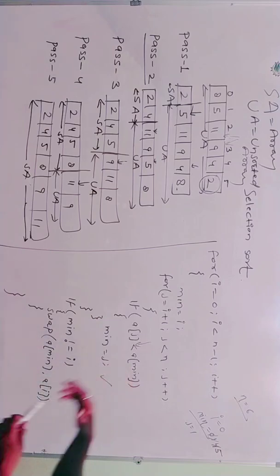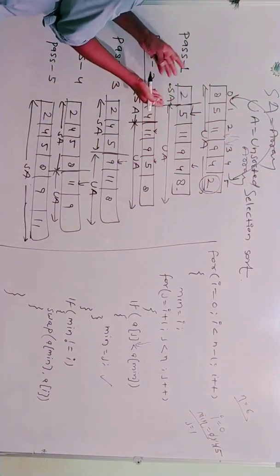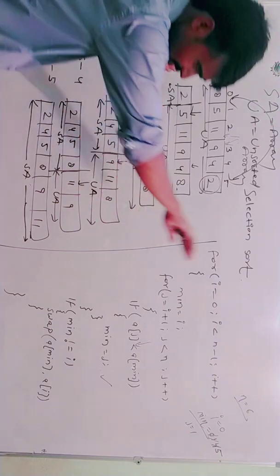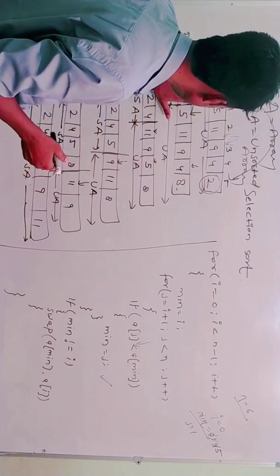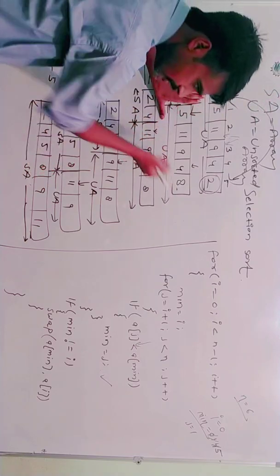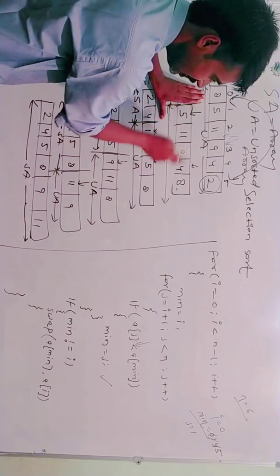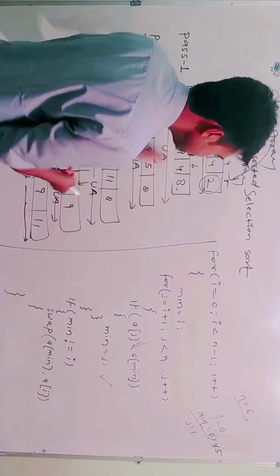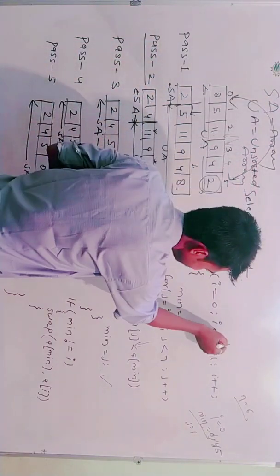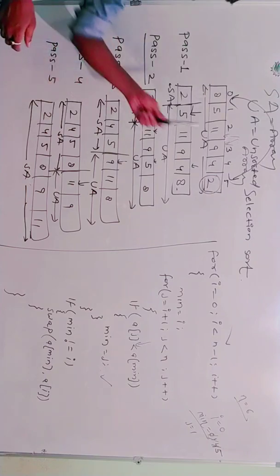So A of 0 and A of 5 will be swapped. Then I becomes 1. Now we will start from here, and again we compare with j becomes 2. This algorithm continues till I is less than n minus 1, and your array will be sorted by this algorithm.